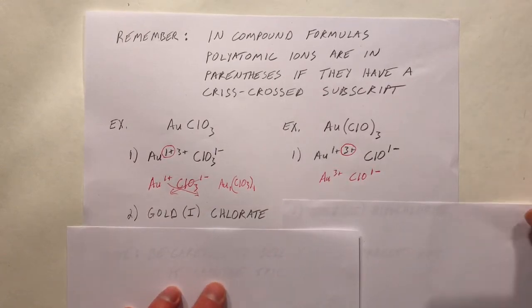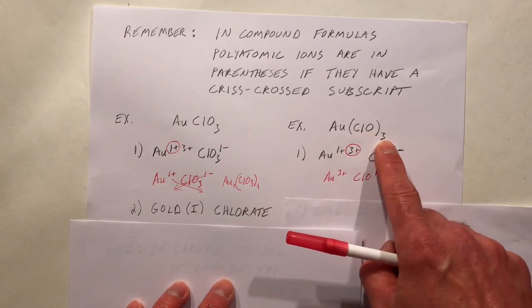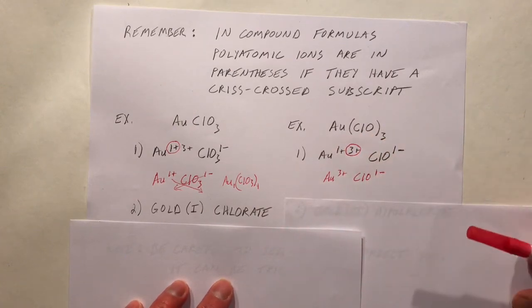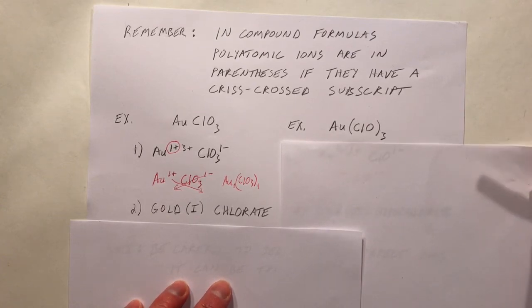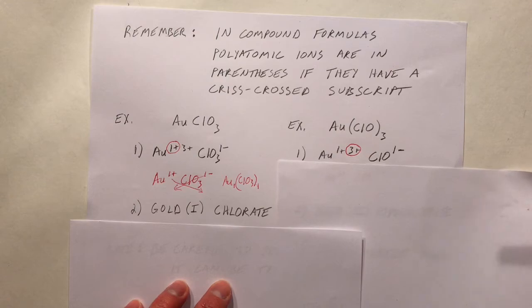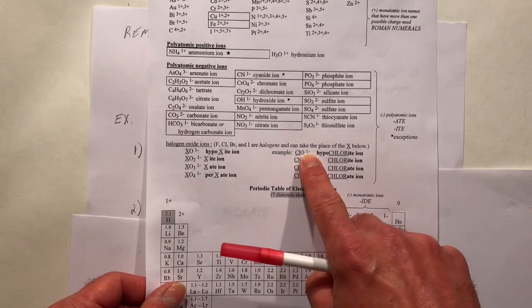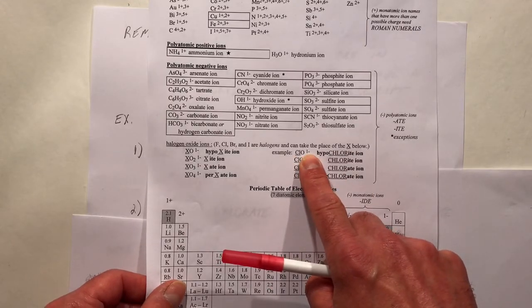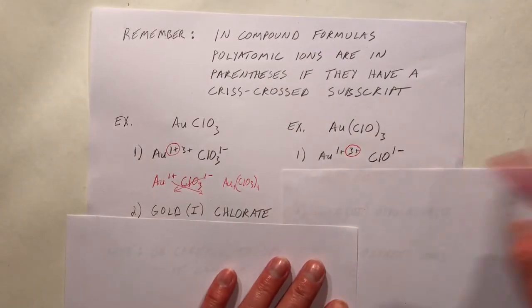Let's take a look at another example where we have Au, but now ClO is taken 3 times. Again, consider that language we use there, ClO taken 3 times. So we know that Au could be 1 plus or 3 plus. And it turns out that ClO1 minus is another possible ion that exists. That's called hypochlorite. Well, that's the ion we have here.